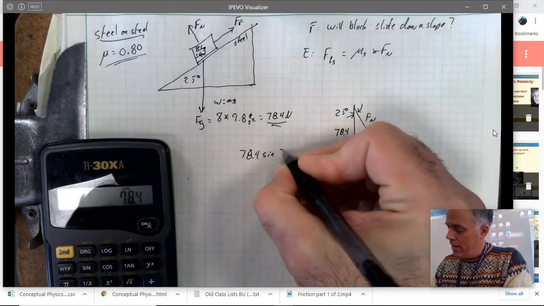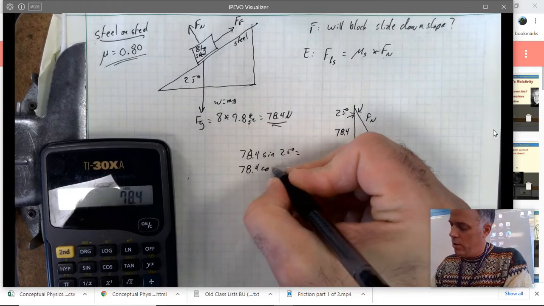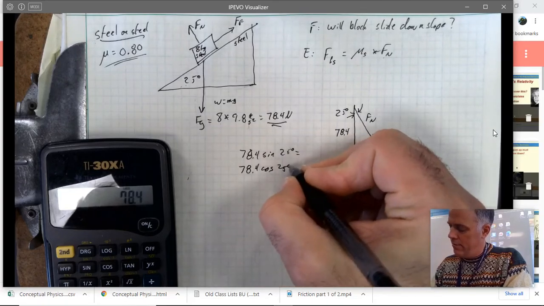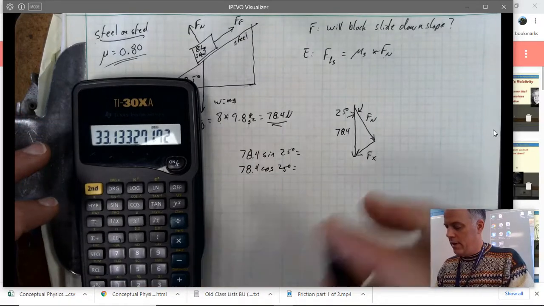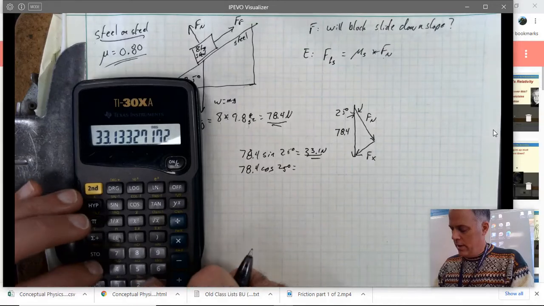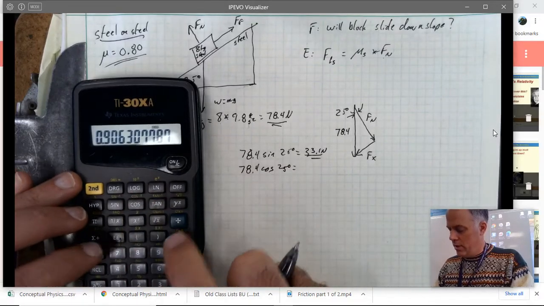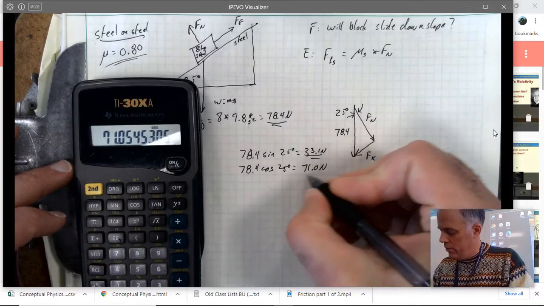78.4 sine 25 degrees equals, and 78.4 cosine of 25 degrees equals. We'll figure those both out. 25 sine times 78.4 equals 33.1 newtons. And 25 cosine times 78.4 equals 71.0 newtons.